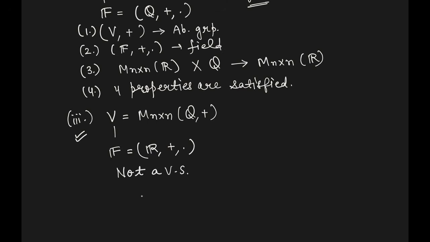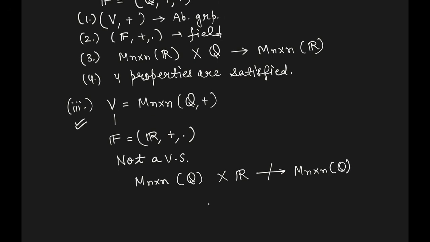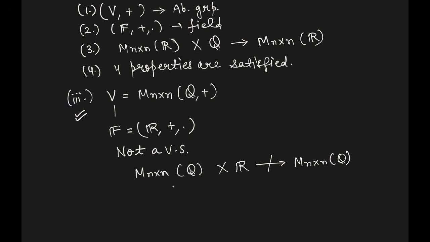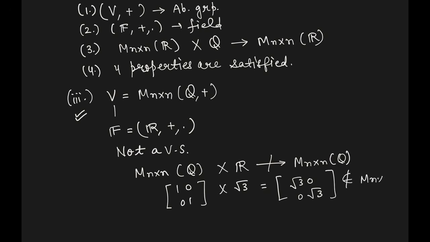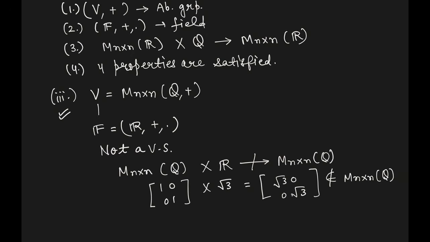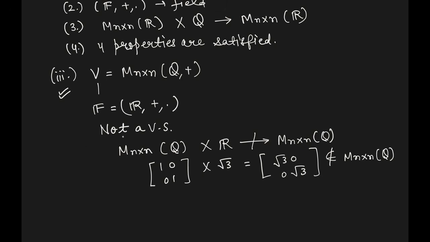Or you can say like this, that M n cross n Q into R will not be mapped to M n cross n Q, because if I take any rational matrix, say the identity matrix, and multiply it with root 3, then it will be root 3 0 0 root 3. Now this matrix does not belong to M n cross n rational, because the entries are not rational, na? They are irrational. That's why it is not a vector space.